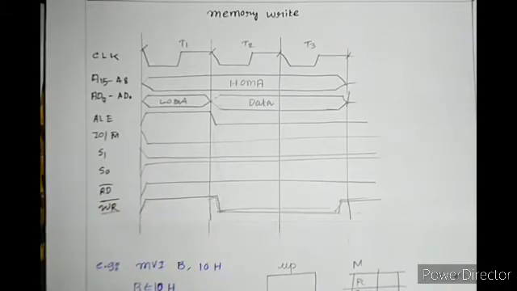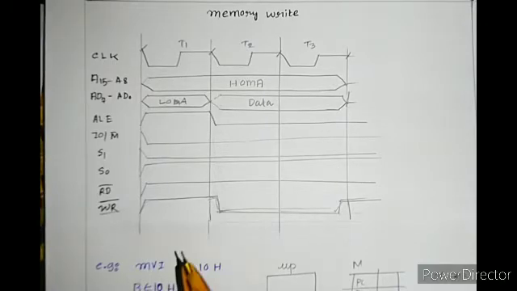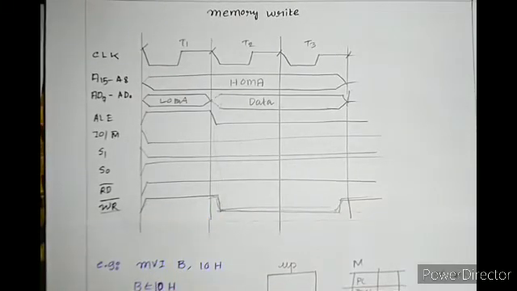Now many of the students can ask why the write signal is not low from the beginning. There are two reasons. First, I have to get my address. That will need some time. The T1 is for that time. This is why in this T state it is already deactivated.